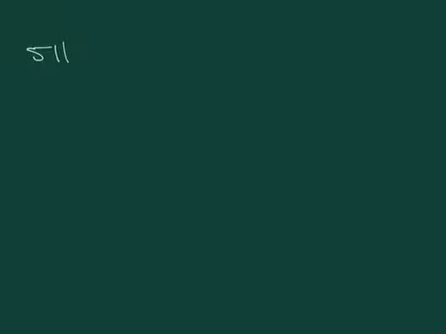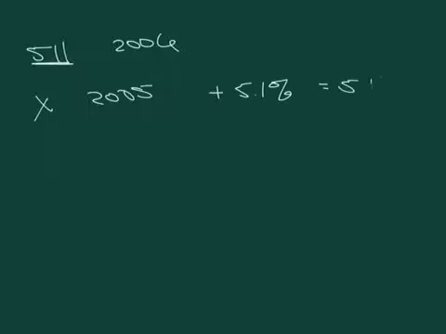Okay, so we know that when we took the amount we spent in 2005, because we don't know that, that's what we're looking for, and we increased it by 5.1%, we get 511.